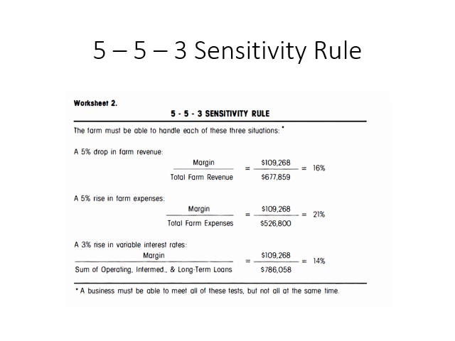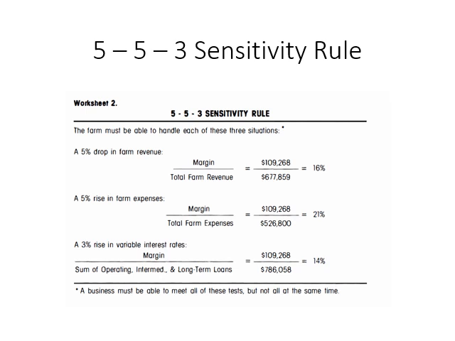When we look at expenses, we're looking here at the margin of $109,000. Total farm expenses is $526,800. We have a 21% margin there over and above what we needed to meet our term debt. In other words, if farm expenses were 21% greater than what we projected, we would still be able to meet our term debt payments.